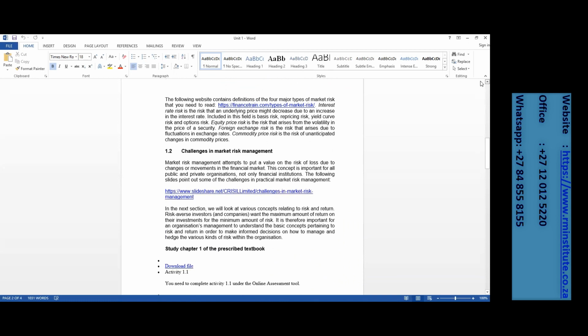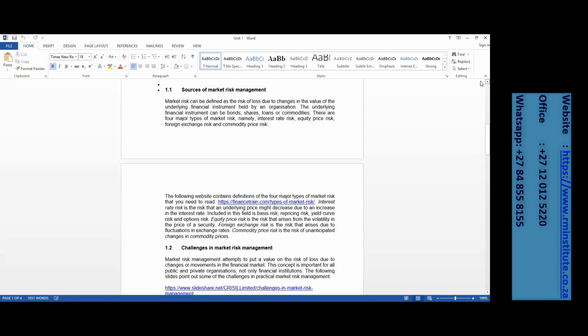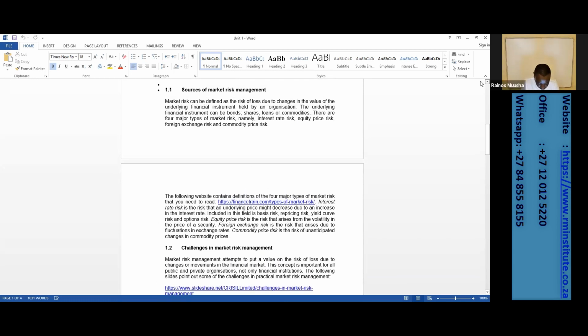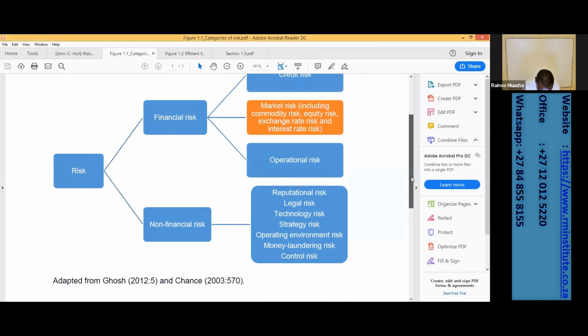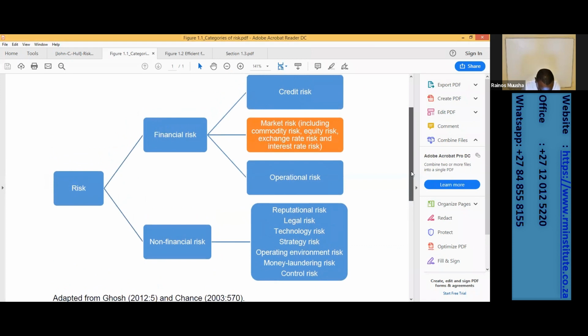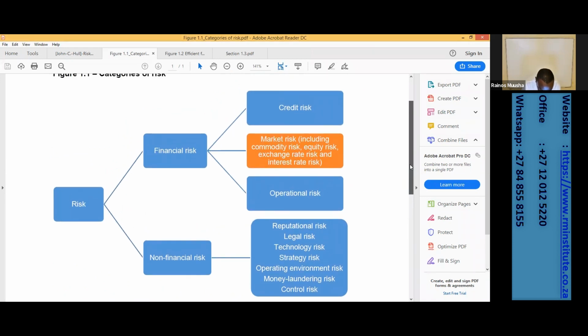Sorry, can I go back a bit on the financial, non-financial risks? What's control risk? So control risk is the risk of not being able to control the operations of the organization. So it's the risk of not being able to be in control of the different operational sources of risk for the organization.